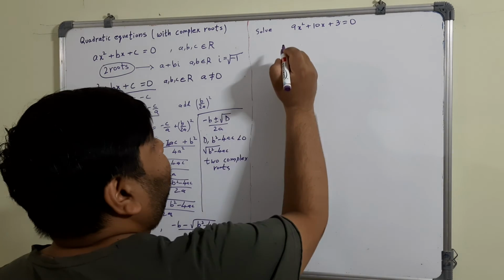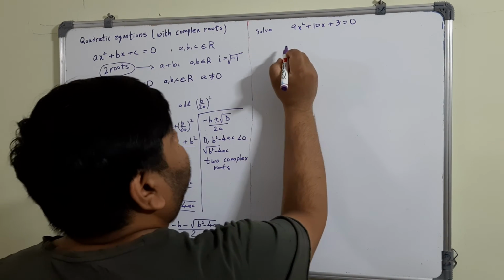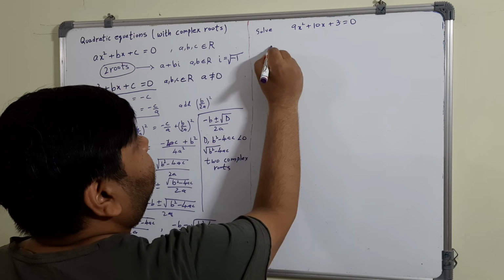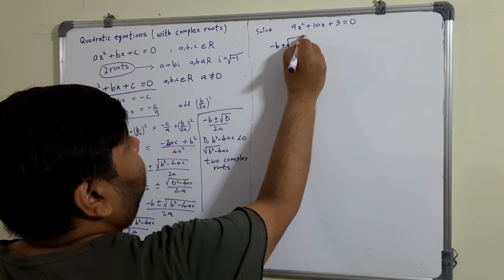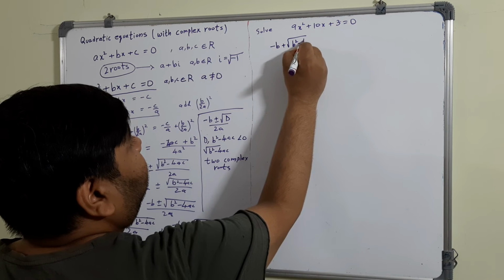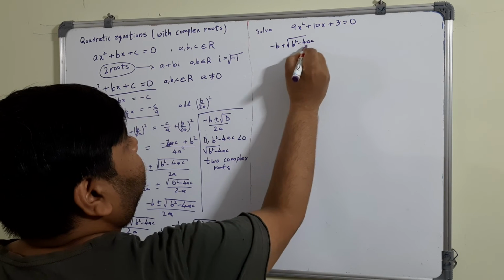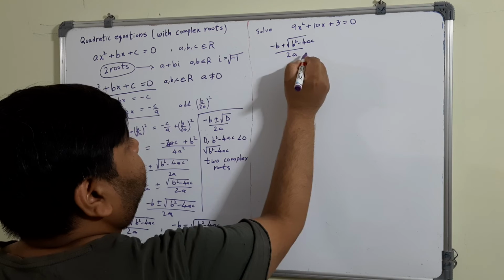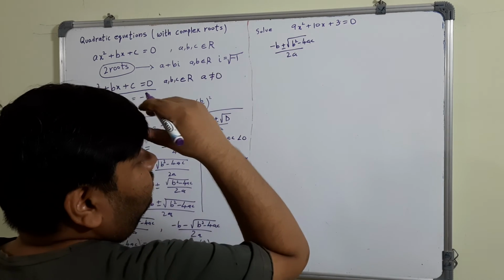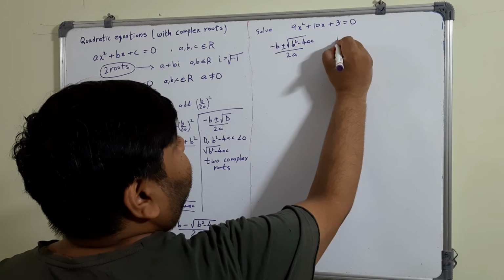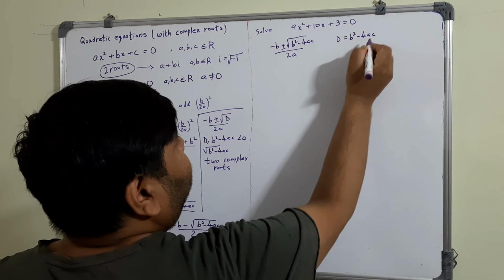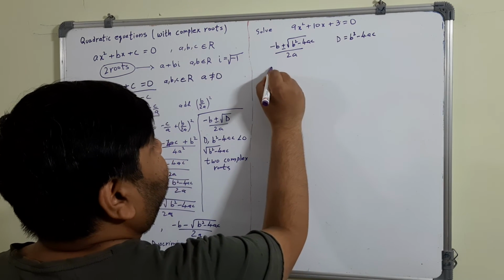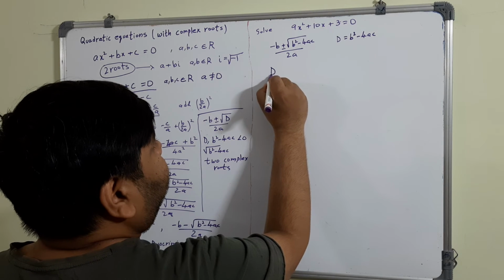Now this will have the roots in the form of minus b plus or minus root under b square minus 4ac by 2a, the two roots, where the discriminant is b square minus 4ac. So let's first check the discriminant here.